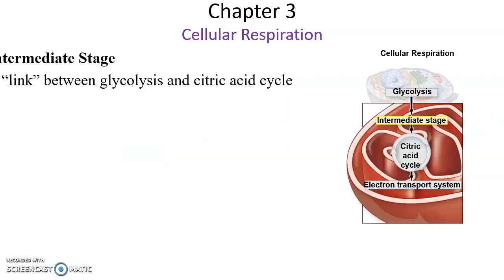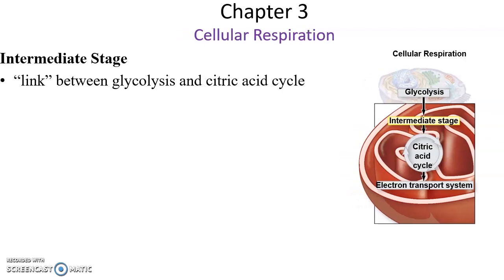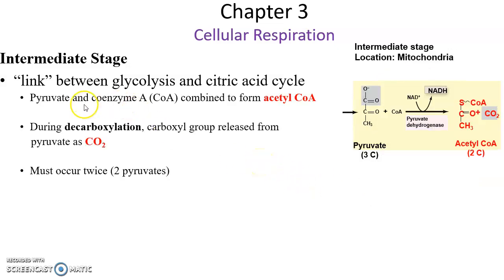Intermediate steps. The two pyruvates enter the mitochondria, technically mitochondrion, and the intermediate step is what's necessary to get it to the citric acid cycle. So what happens? Pyruvate combines with coenzyme A to form acetyl coenzyme A, which is a 2-carbon compound.